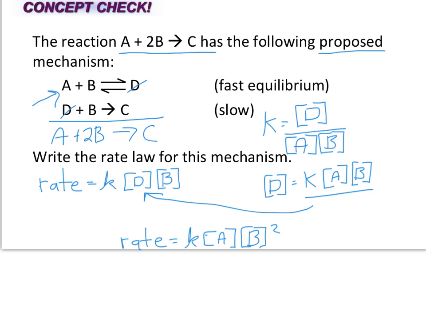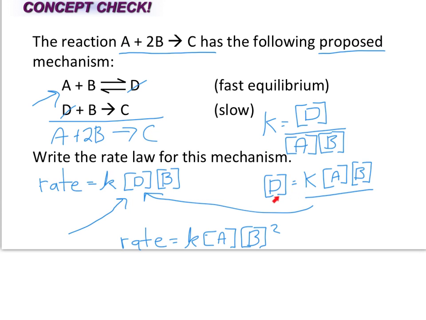Now, in the mechanism, we have the slow step, and we can write the rate equation for the slow step here. But the problem is the slow step, which is the rate determining step, contains an intermediate. So we have to figure out a way to write that expression, that's this expression, but without D. So we write the expression for the equilibrium, and then we rearrange, and then we substitute.